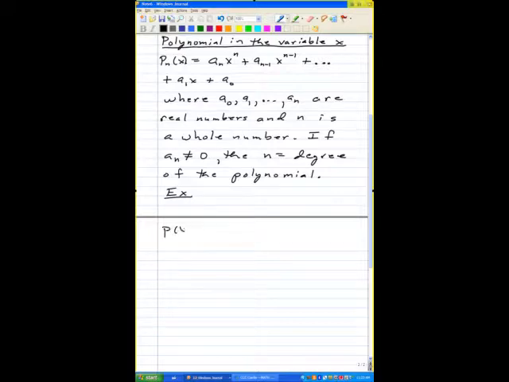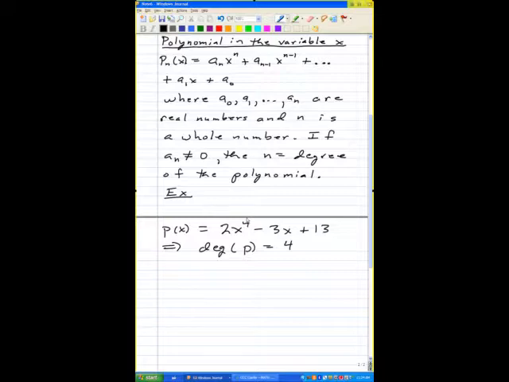Let's say the polynomial p is 2x to the 4 minus 3x plus 13. Then the degree of this polynomial p is 4, because the highest exponent is 4 in this polynomial.